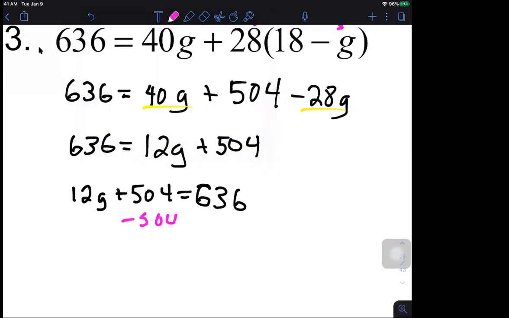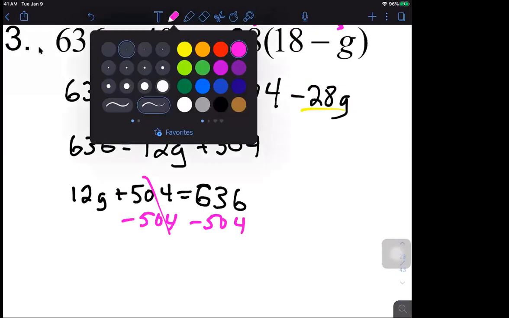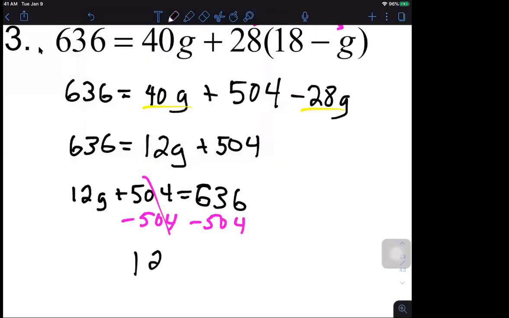Subtract the 504 over. Those cross out. And we're left with 12g equals, what is 636 minus 504? Anybody? 132. Awesome. 132.